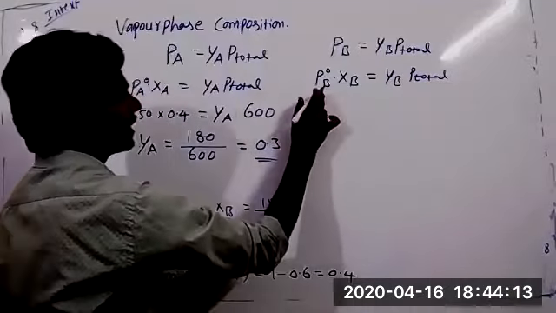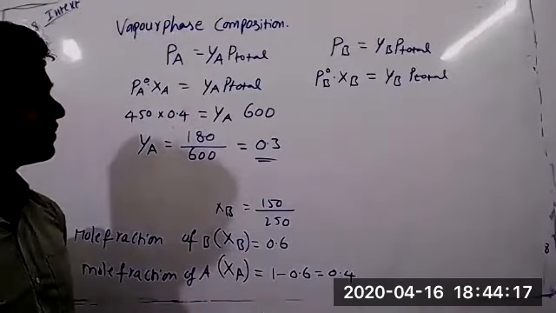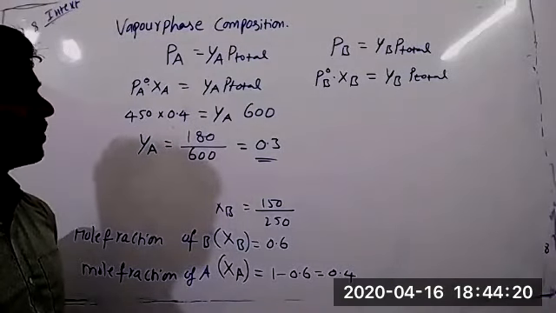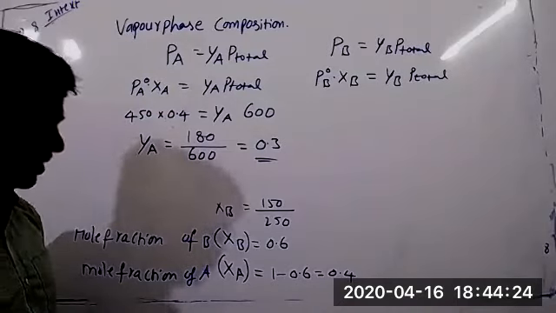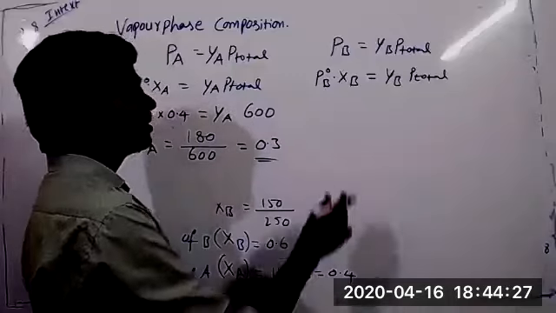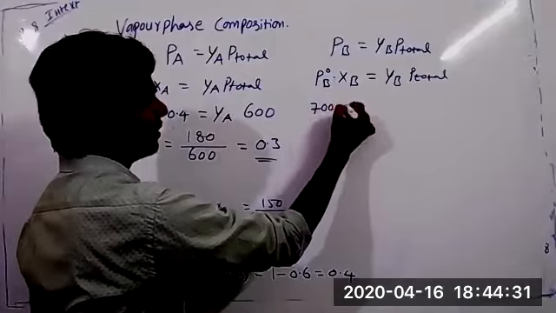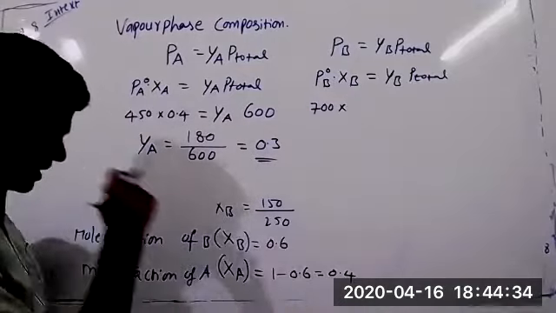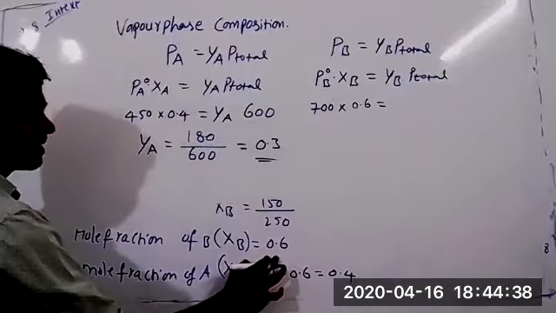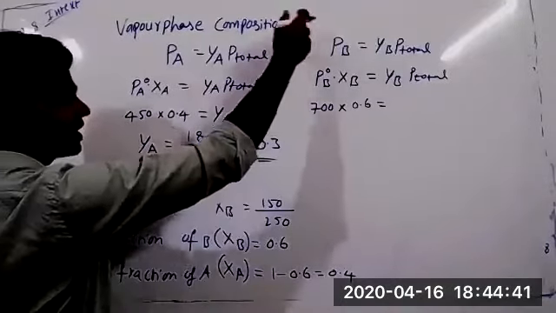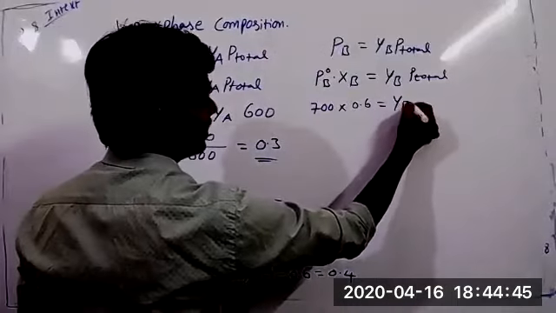Substitute here: PB power 0 is the vapor pressure of pure component B, 700, which is already given in the question, into XB, which we got as 0.6, equal to YB into 600.